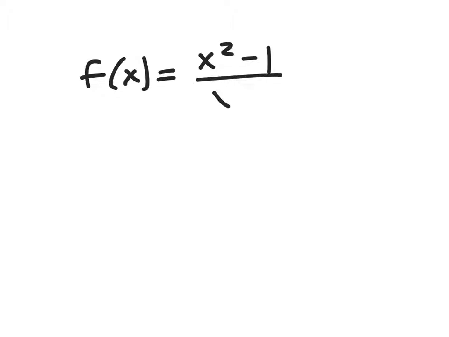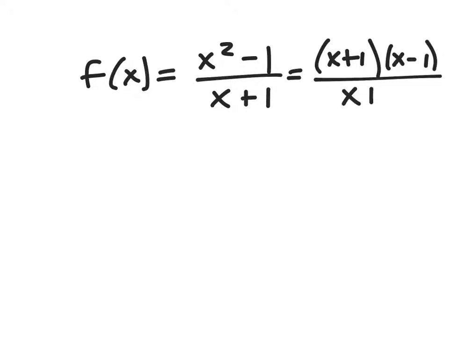With this one, I'm going to look at f of x is given by the rational function x squared minus 1 over x plus 1. Now, with a rational function, notice I can actually simplify this if I factor the numerator and cancel it out with the denominator. So I have difference of squares in the numerator.